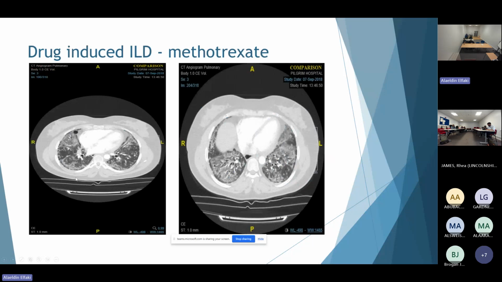Methotrexate is a common one, and might cause interstitial pneumonia, predominantly causing ground glass changes with maybe some nodularity and traction bronchiectasis, and it affects the lower lobe predominantly. But to distinguish that, you need to go deeply into the history, especially the drug history.